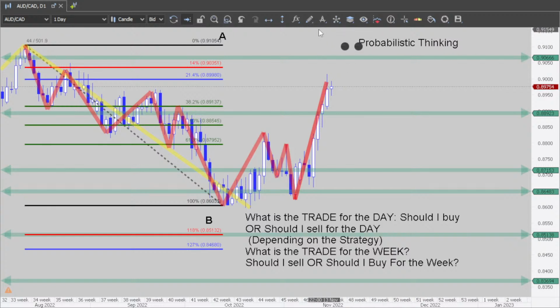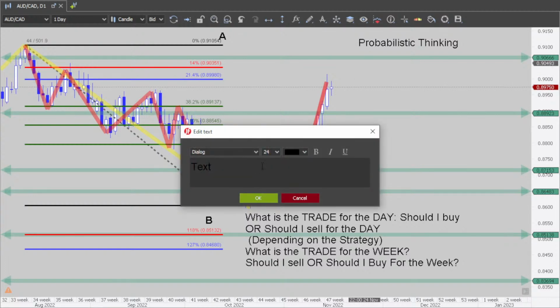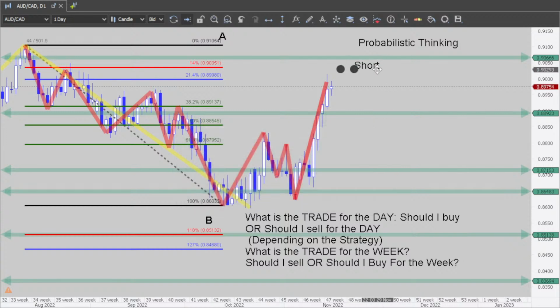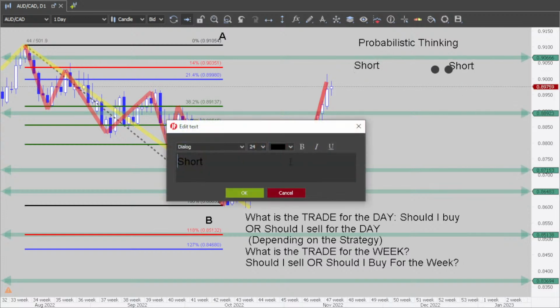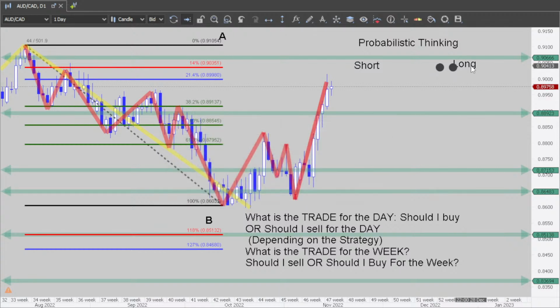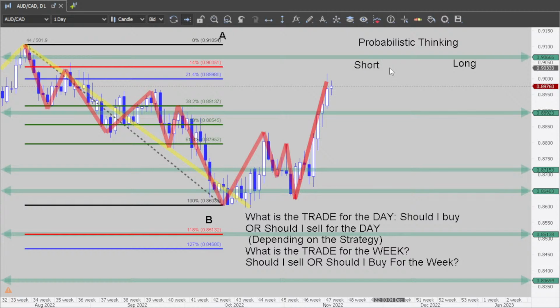So to go short, it doesn't matter what time frame, you have your reasons to go short, right? And you have your reasons to go long. Everybody, if you can acquire this mindset, the way of doing things, I promise you your trading is going to improve. So probabilistic thinking, okay?